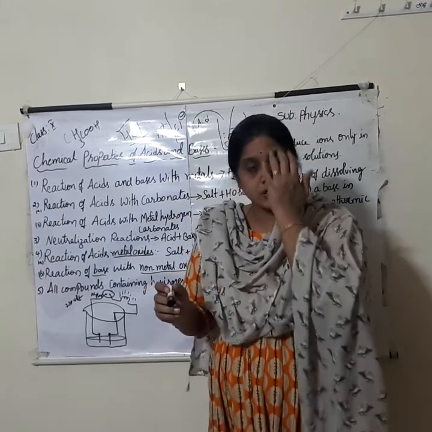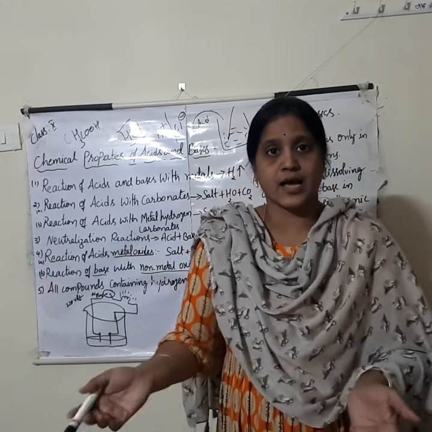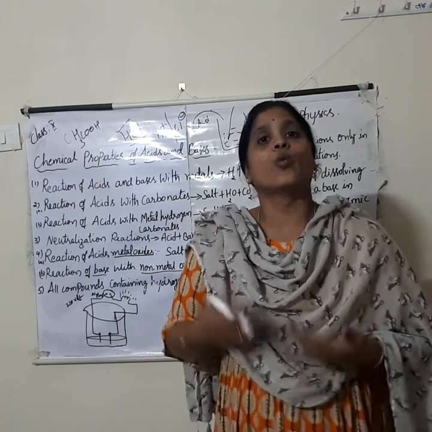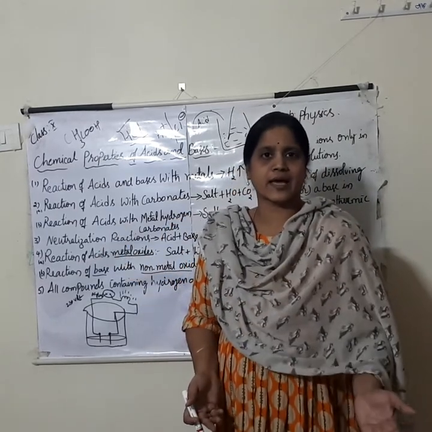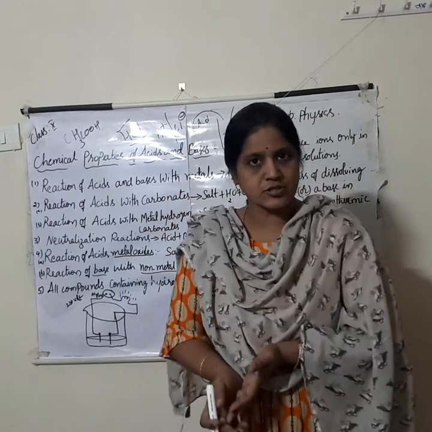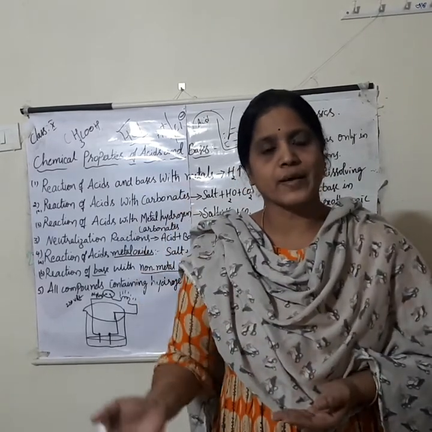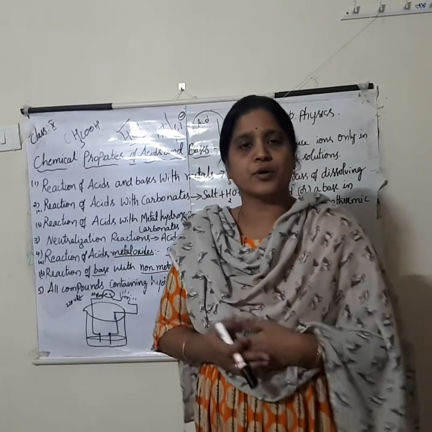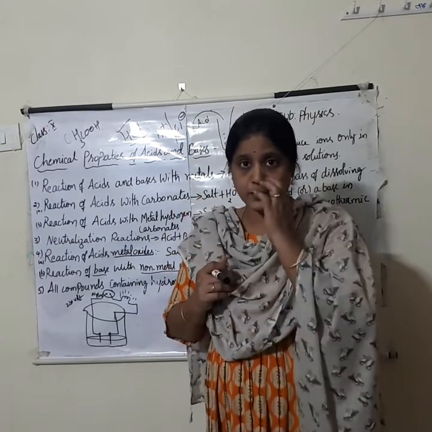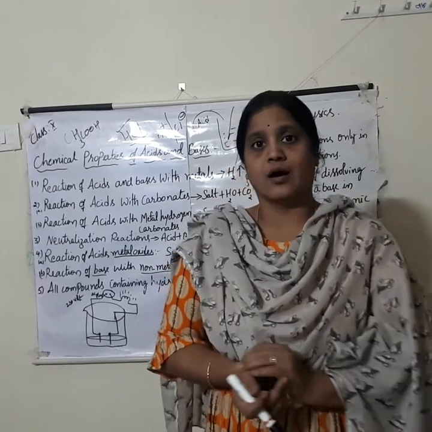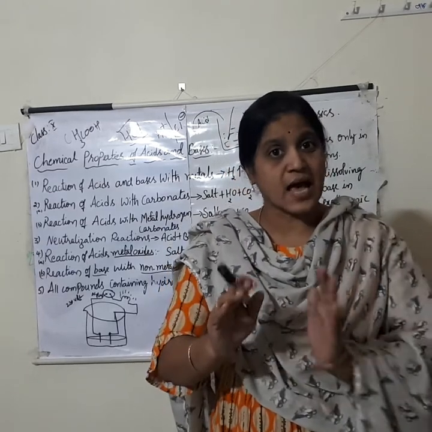Generally, if different acids are given, how can you find out whether it is a strong acid or a weak acid, or suppose basic solutions are given, whether it is a strong base or weak base, how to find out for the given solutions. So generally by using litmus papers we can find out whether the given solution is acid or base.